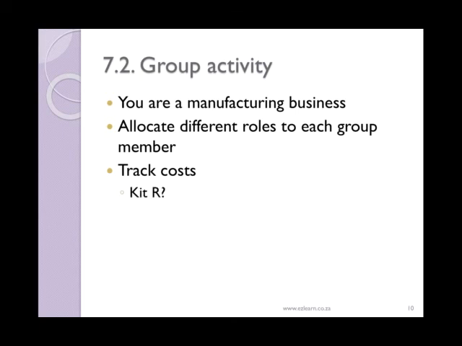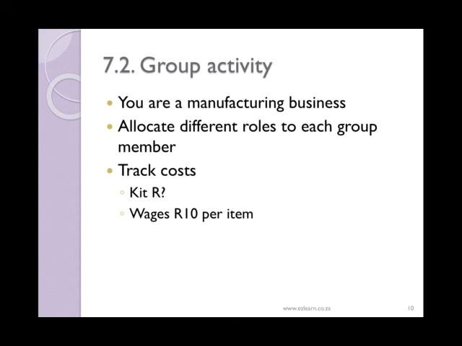You should be provided with a kit, be it a building kit of Lego, maybe it's a beading exercise, maybe you're going to sew something. Whatever it is, you need to allocate some cost to the kit that you are starting with. In other words, what you would have had to pay for those raw materials. You then need to calculate 10 Rand per item as wages.